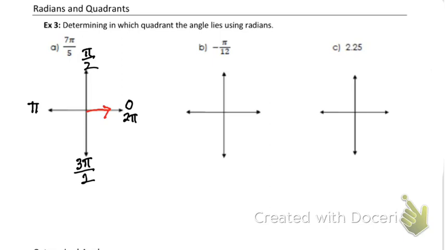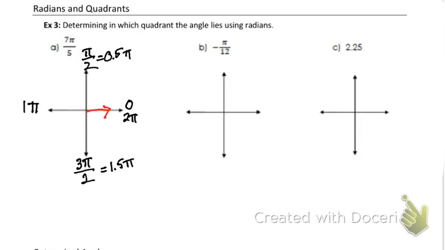If I take 3 divided by 2, I'm really talking about 1.5 pi. Normally don't write this on the circle, but if it helps you, you can. And pi over 2 in decimal form would be 0.5 pi. And this would be our 1 pi.